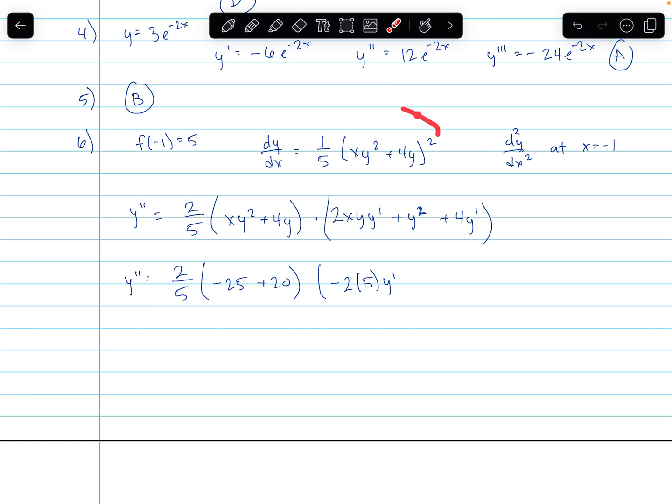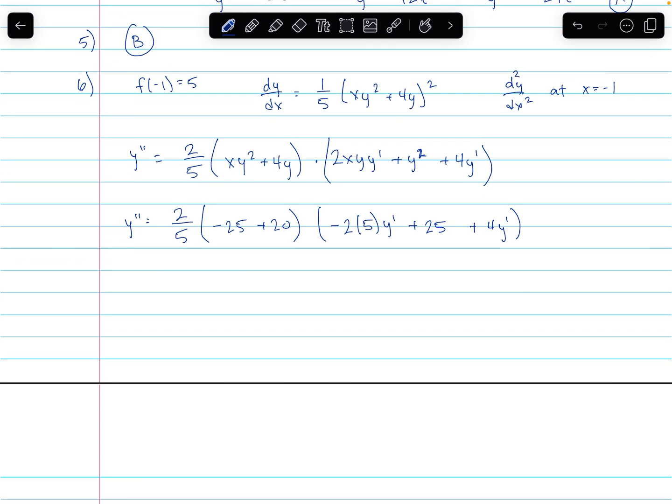We're going to have to plug in the point here too to find y prime, by the way. Times y prime plus y squared, so that's going to be plus 25, plus 4y prime.